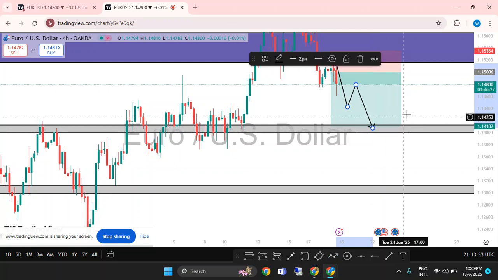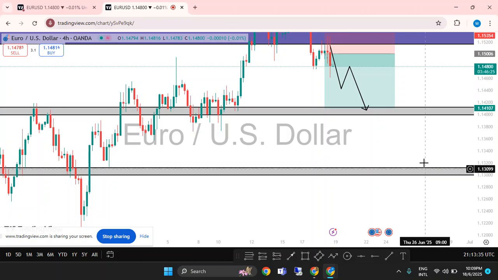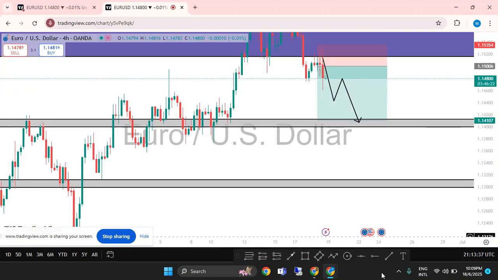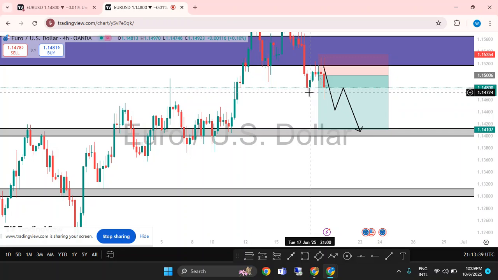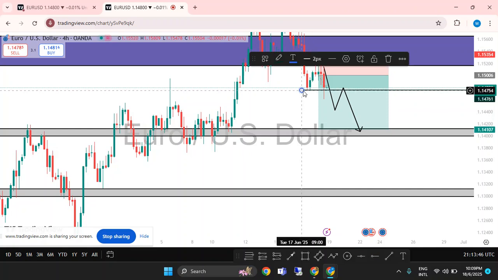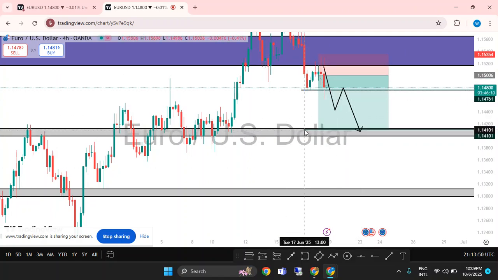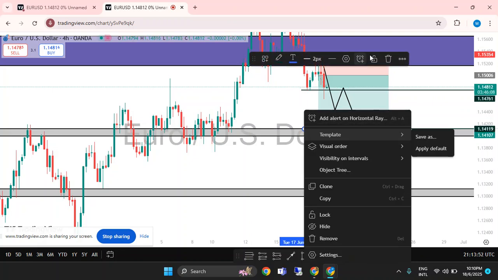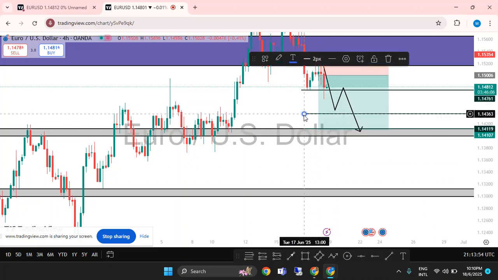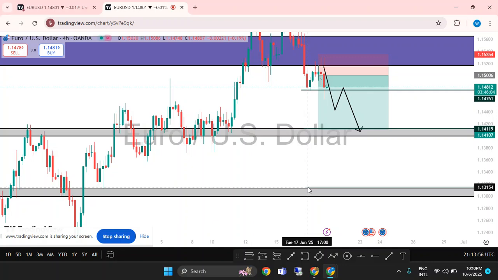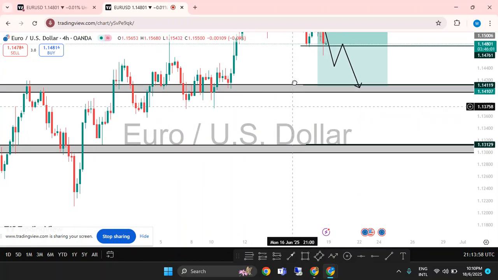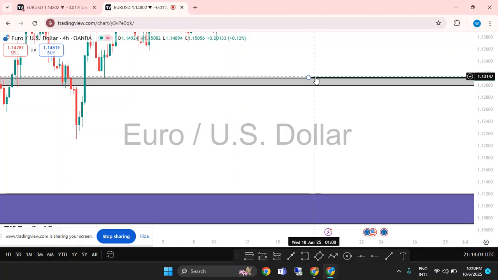So that's what I do. I split my entry into 1, 2, 3 places. No, 4, because the market has taken one out already. As you can see, I had one here before, and I have another one here, and another one here, and another one at the major zone, just about here.